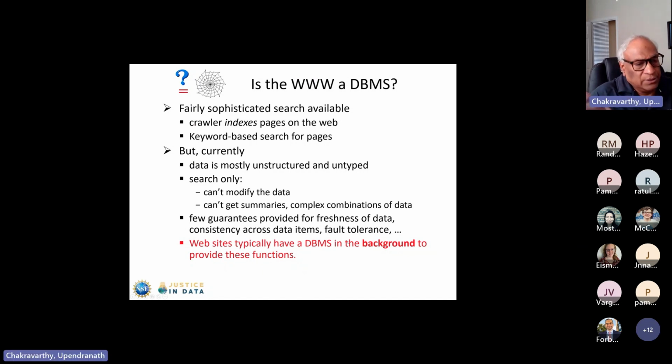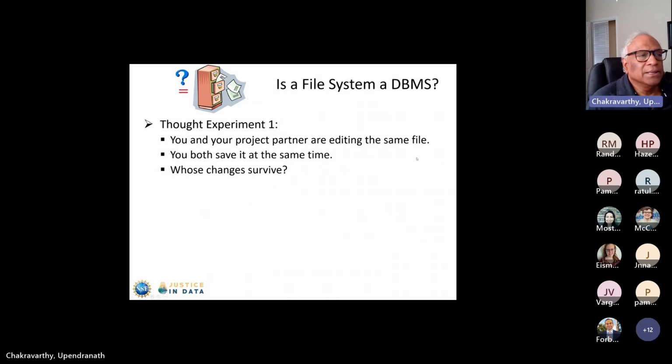In some cases, it may be something different. Google, for example, uses other systems in addition to DBMSs. Few guarantees are provided for freshness of data, consistency, and fault tolerance. So a lot of critical requirements of a DBMS are missing from the World Wide Web. Is a file system a DBMS?